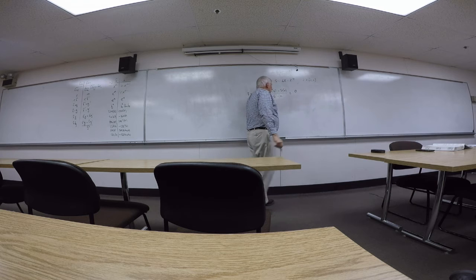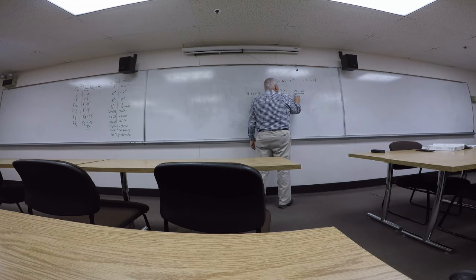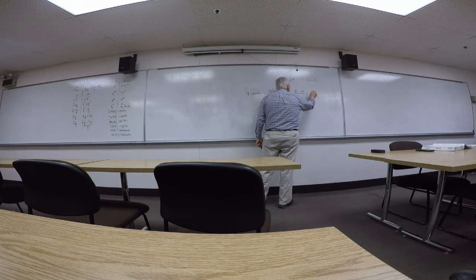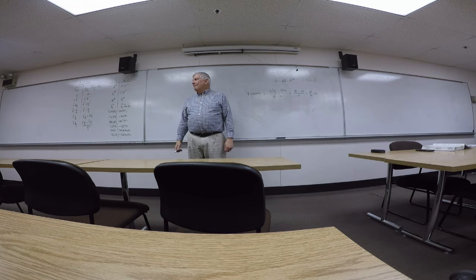Plugging in 0: 6 times 0 is 0 minus 0 squared is 0. 6 subtract 0 is 6. 0 divided by 6 is 0. So on average, he didn't go anywhere. I was here all day. Well, your average is not your instantaneous.